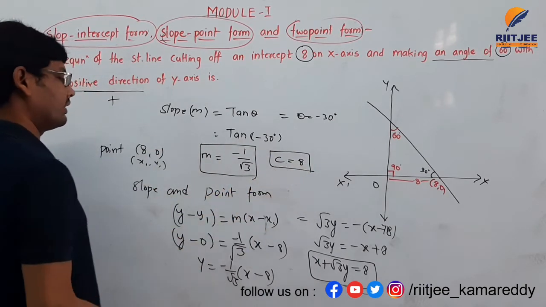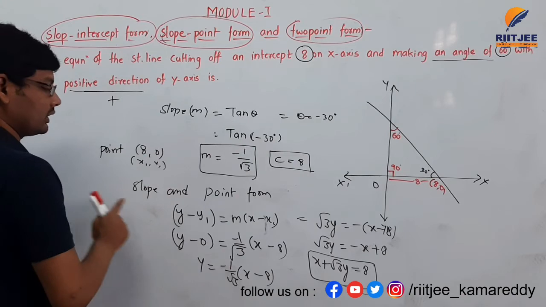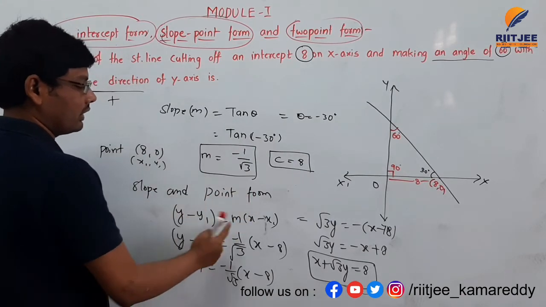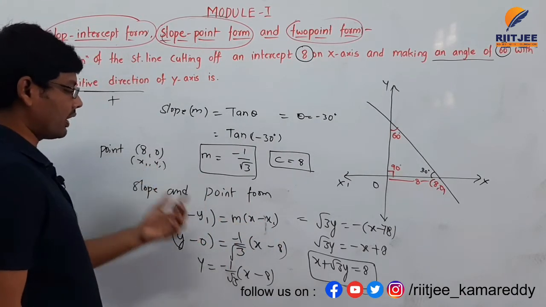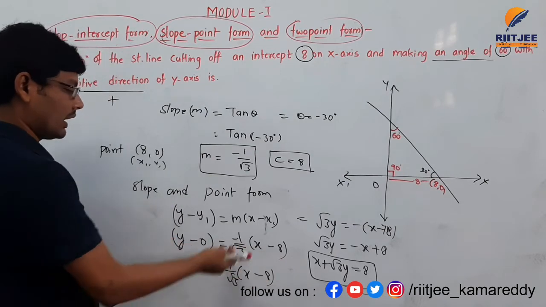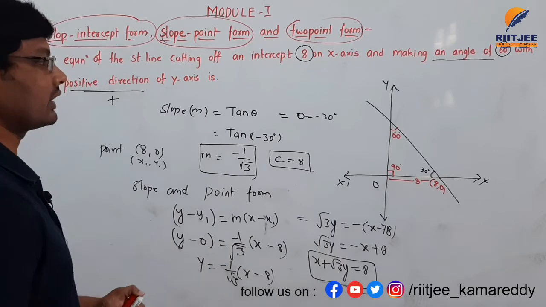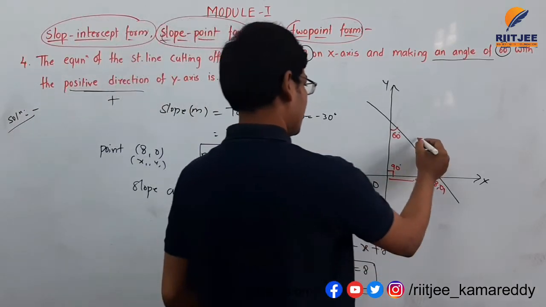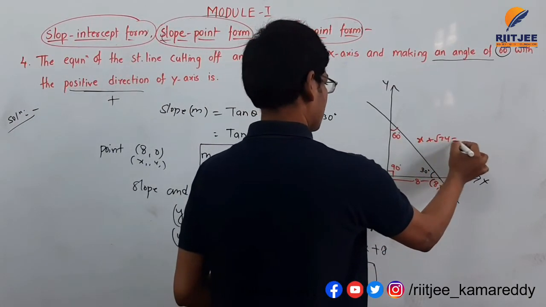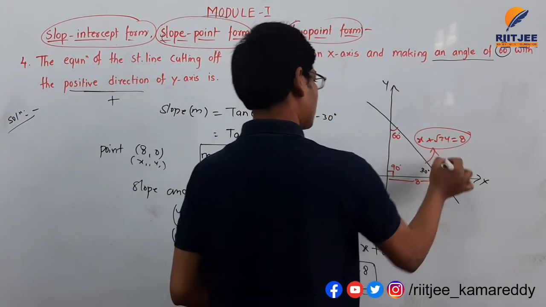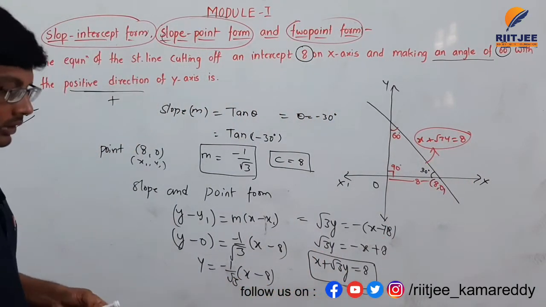C is 8, and the point is 8 comma 0. Slope and point form: y minus y1 is m into x minus x1. Let's substitute this point 8 comma 0 and slope minus 1 by root 3. After solving, we get the equation of the straight line, x plus root 3 y is equal to 8. So this is all about this question.